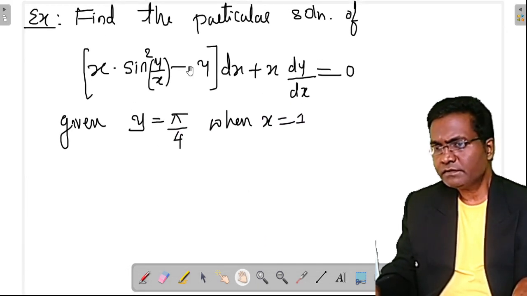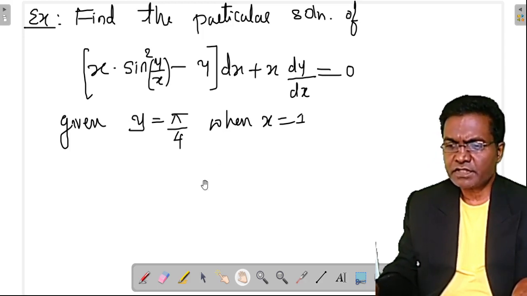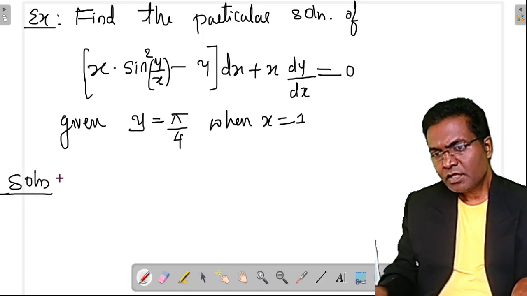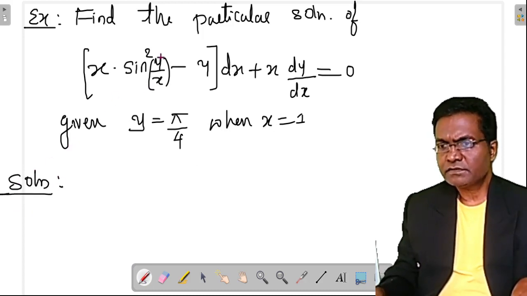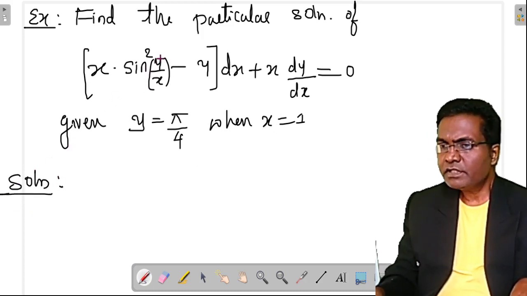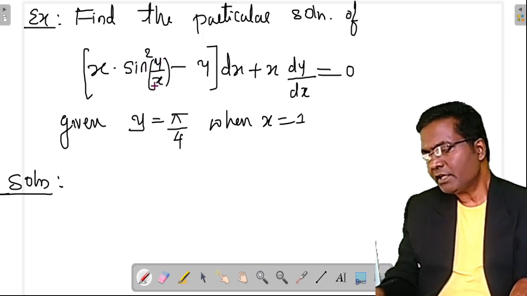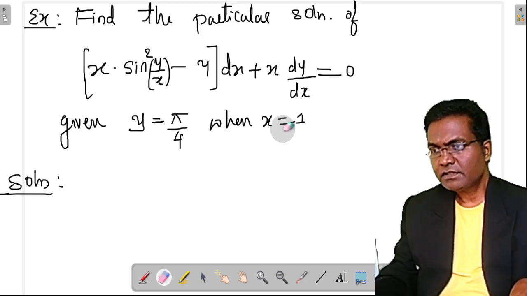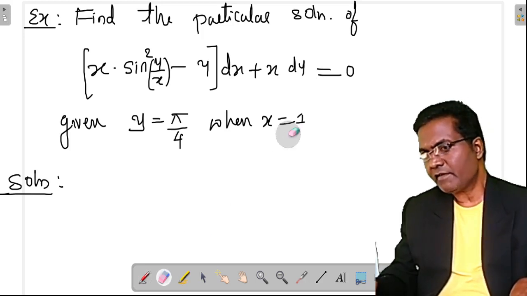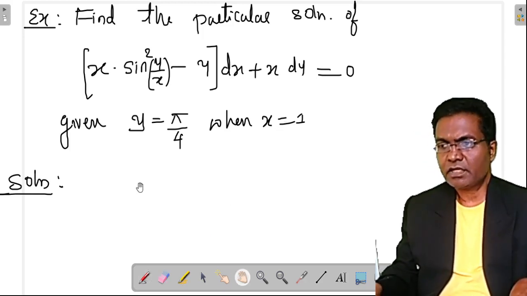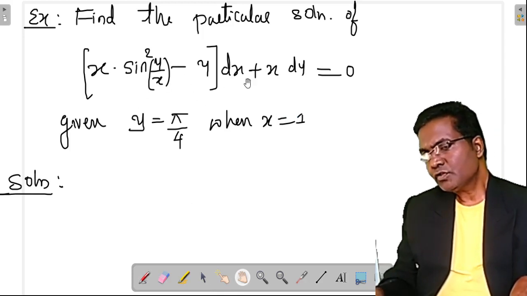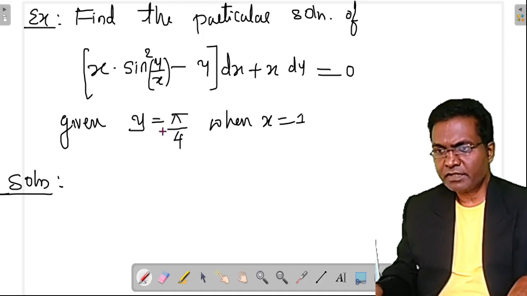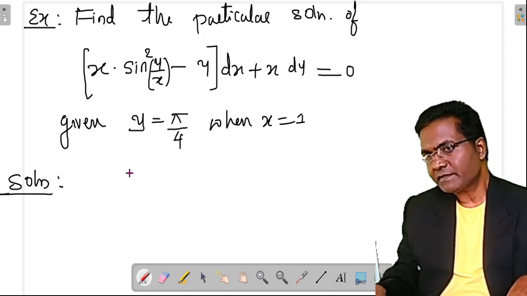So you are given this differential equation with this condition. Now looking at the differential equation, within sine you have y by x. Just make one correction here, it is not dy by dx, it's just dy. So you need to express it in the form of dy by dx first, because we have within sine y by x.